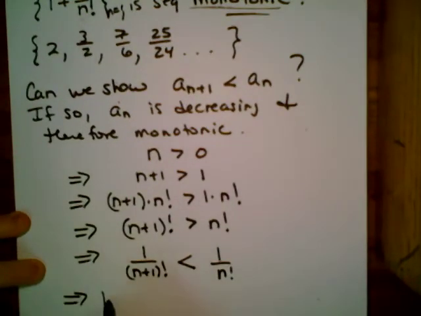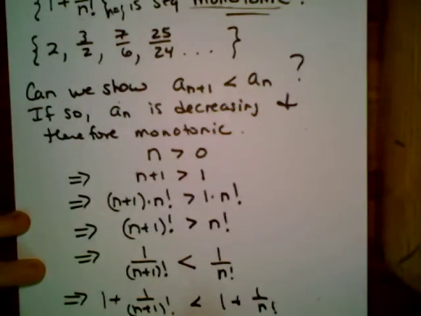Now all we have to do is add 1 to both sides, and we've shown that a sub n plus 1 is less than a sub n from the original sequence. And our sequence is decreasing, therefore monotone.